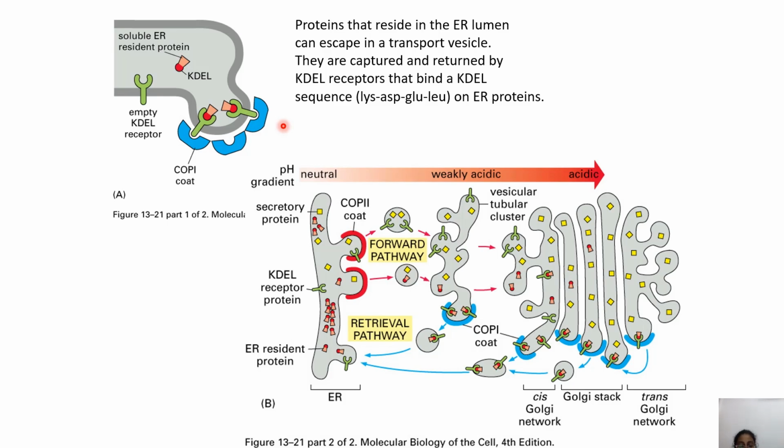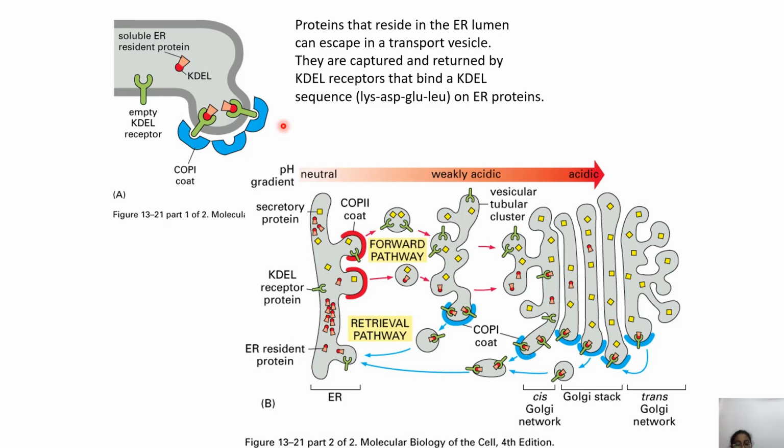So the K stands for lysine, D is for aspartic acid, sorry, not asparagine, aspartic acid, E is glutamic acid, sorry, not glutamine, and L is leucine. That is how the KDEL sequence happens. A soluble resident protein will basically remain in the ER as long as it contains a KDEL sequence on the C-terminal end of the protein.